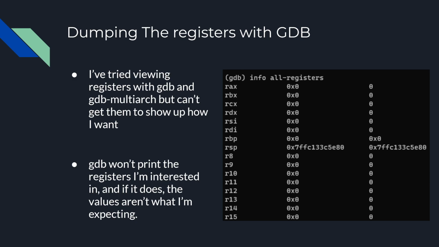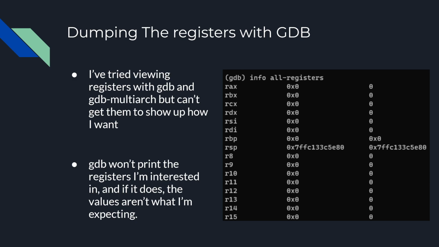I tried doing it with GDB multi-arch as well, to maybe fix the problems with it not liking that it's ARM assembly instead of x86. But I couldn't really get it to work here. If you see on the right, it is printing registers. Those are x86 registers though.